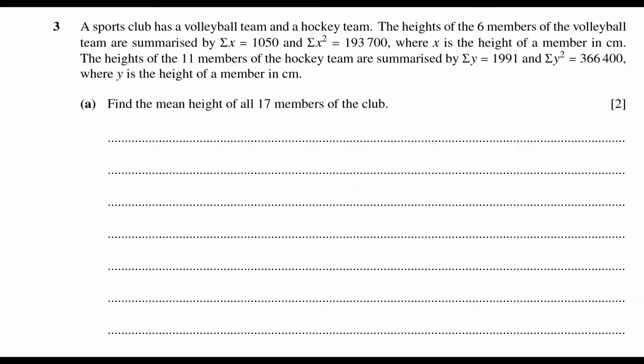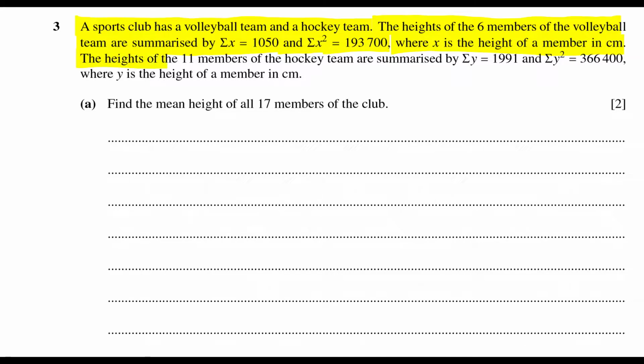Question number 3. A sports club has a volleyball team and a hockey team. The heights of the 6 members of the volleyball team are summarized by sigma x, means sum of all these heights, 6 members, is 1050, and sigma of x square is 193,700, where x is the height of a member in centimeter.